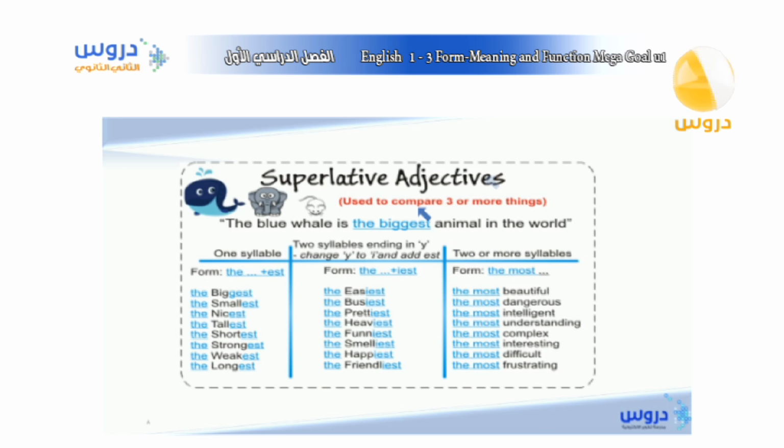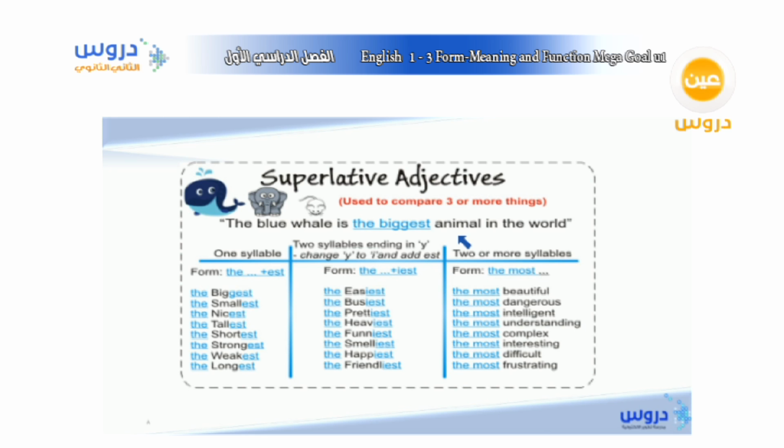Now let's move to the other slide. Here, the superlative adjectives used to compare three or more things. The blue whale is the biggest animal in the world. So we are comparing more than two things.